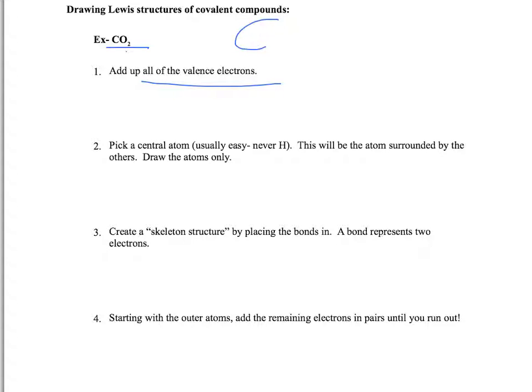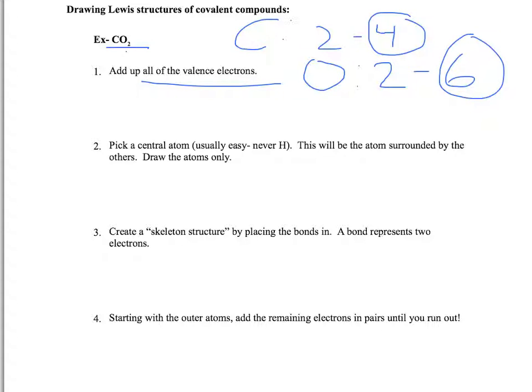Carbon, if you look at its configuration, is going to be 2-4. That means that we have 4 valence electrons. Oxygen is going to have a configuration of 2-6, which means we'll have 6 valence electrons.